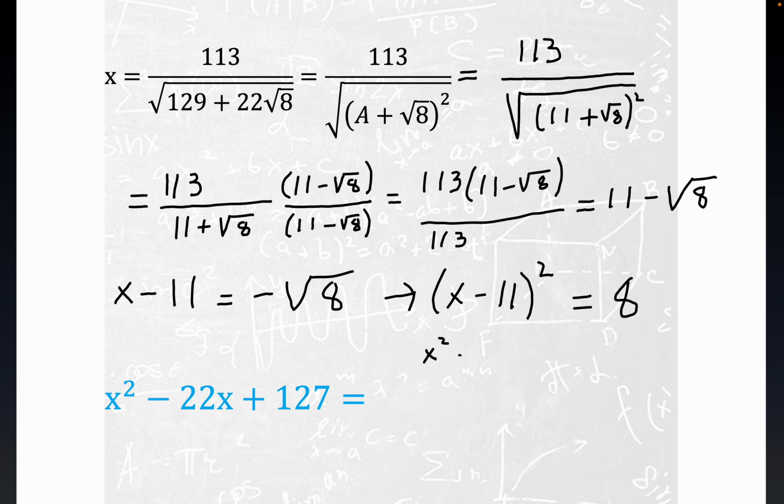The 11 happens twice, right? And then plus 121, right? You can see it unfolding. It's really kind of a cool problem. So that means this would equal (x minus 11) quantity squared.